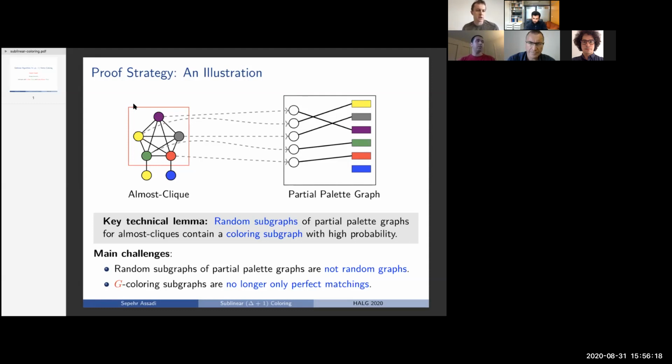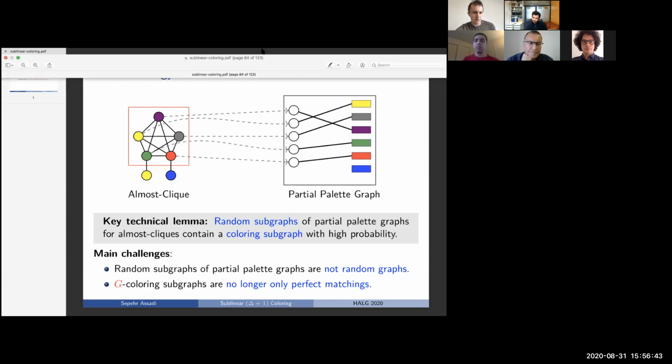Actually it's a bit more strict: every vertex has at most epsilon delta neighbors outside this object, and at most epsilon delta non-neighbors inside. These epsilons are some constants that I'm hiding. Make sense? Yep, thanks. Good.